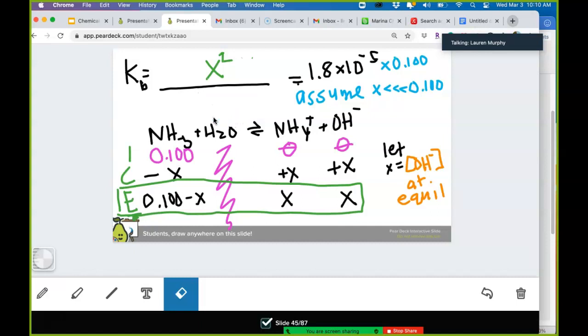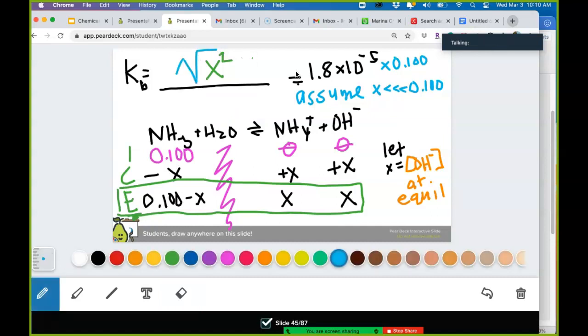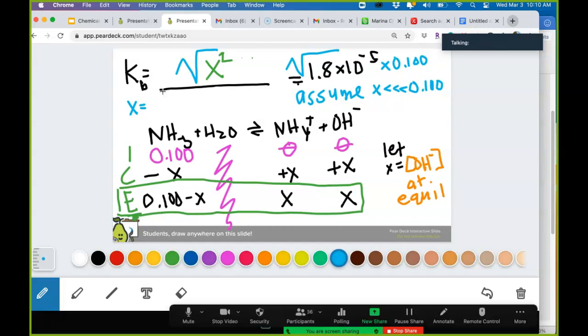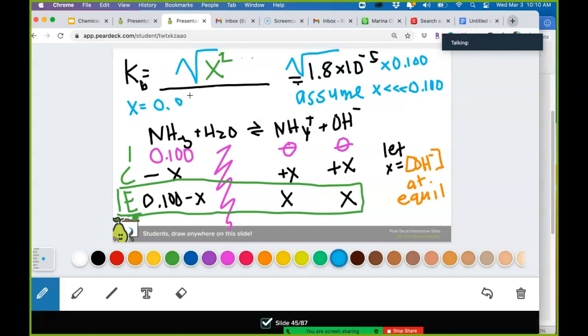And then I need to take the square root. And the X comes out to be 0.00134.